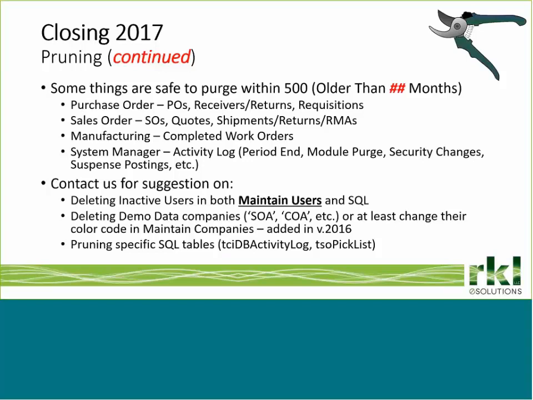For each of these tasks, it will give you the option to enter a number of months for which it would purge the data that is older than that. So if you entered 84 in the older than XX months field, it'll only purge data that's older than 84 months in that routine. And you get to pick and choose which pieces you want to purge.